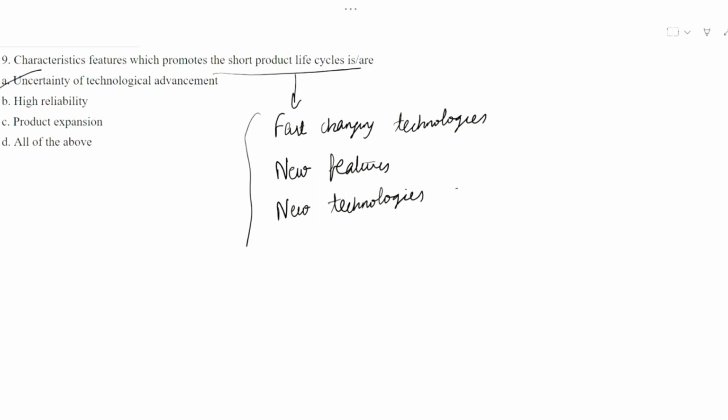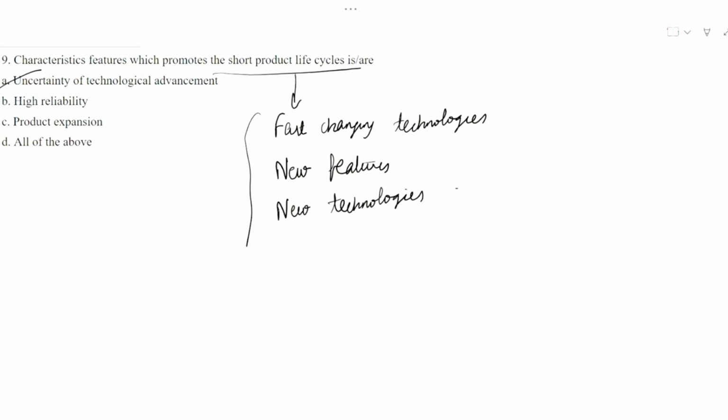That means the uncertainty, the fast changing, this is due to the fast changing technologies, new features, and the new technologies. So in the product life cycle, whether the product achieves the maturity in 5 years or in just 2 years, and thereafter decline starts in the demand.